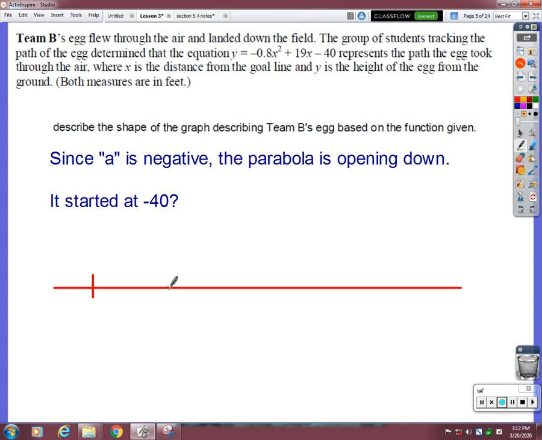They must have started somewhere right here, and then the parabola looks like that. If I continued it, then here it would be 40 below the ground. But again, they didn't start there. They started somewhere in front of the goal line. So anyway, those are my thoughts.